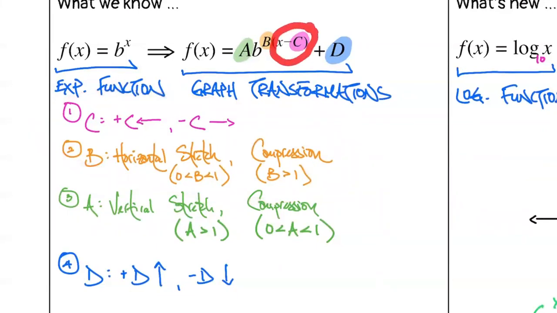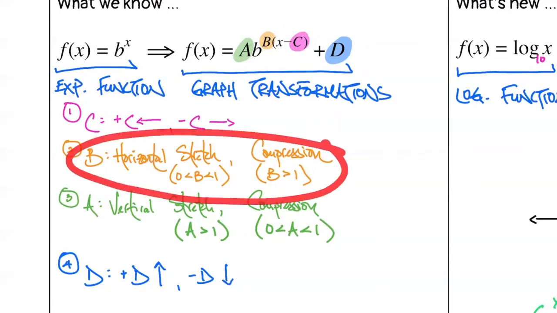Well, if I have x minus C, we usually think about minus being in the negative direction, right? But if we have a minus C, that actually moves it to the right, not to the left. So that might be tricky for us to remember because it's backwards or the opposite of what we think. And similarly, if we look at B, we might think that a stretch would be greater than 1 and a compression would be less than 1, but with the horizontal situation, it's actually the opposite of what we think.